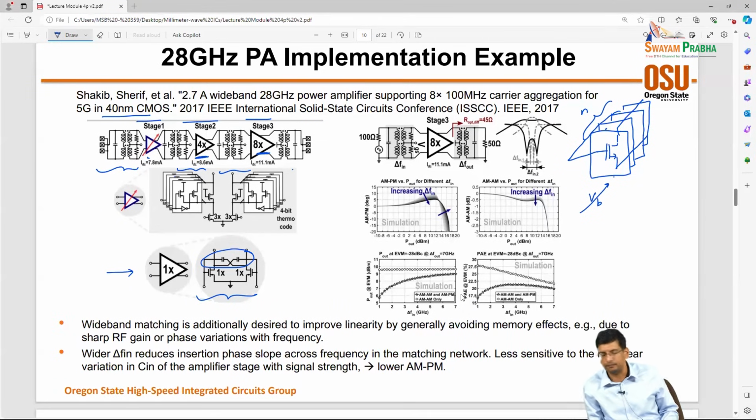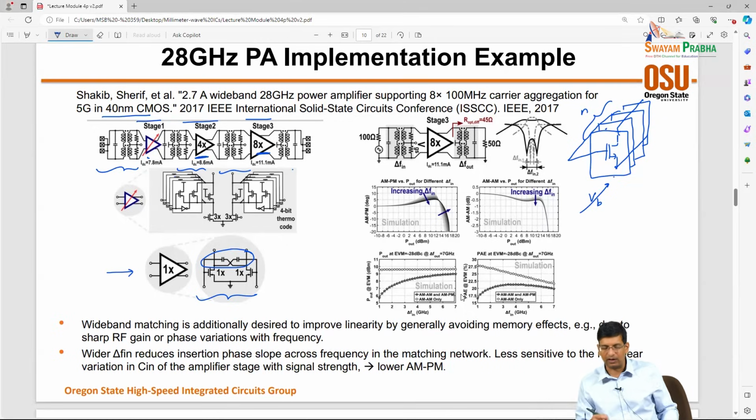And the process does involve iteration at every step where a reasonable design has been obtained to make the layouts more realistic, because at millimeter wave layouts matter.